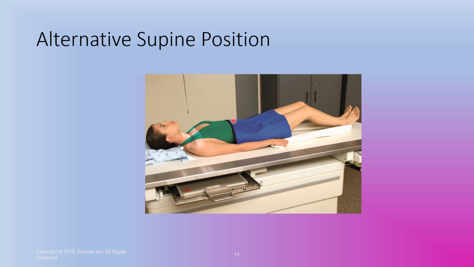I know that sounds silly, but basically you're having them hold on to the sheet, and then when they straighten the legs, it pulls down on their shoulders, and then in theory, if there is an AC joint separation, it is going to be visualized on there.